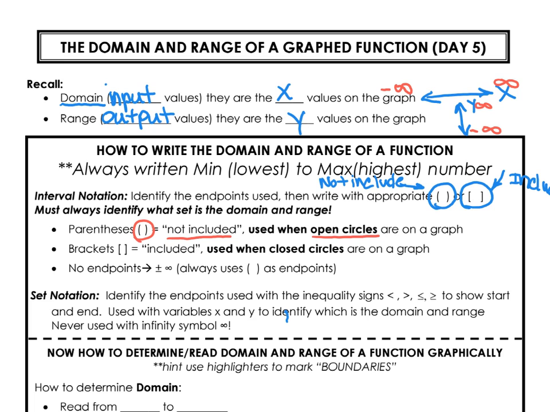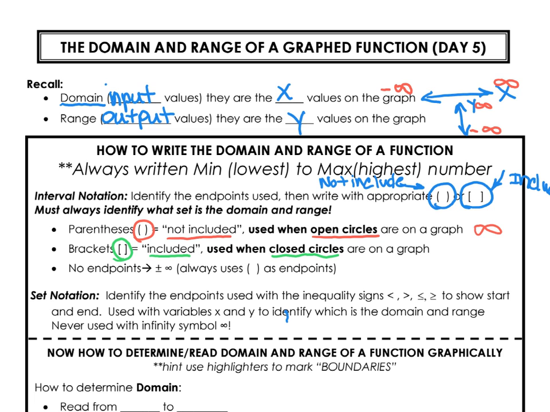You also use them with infinity, okay, positive and negative infinity. The brackets, which we said include the numbers, you use them when you actually reached that point, or they're closed circles on a graph. And no endpoints, positive and negative infinity. You always use those as parentheses, like I said up above.